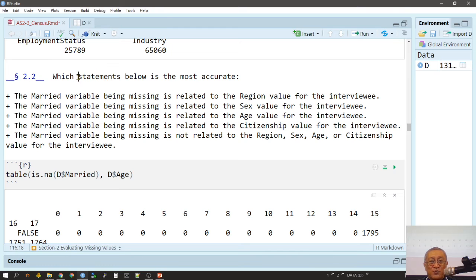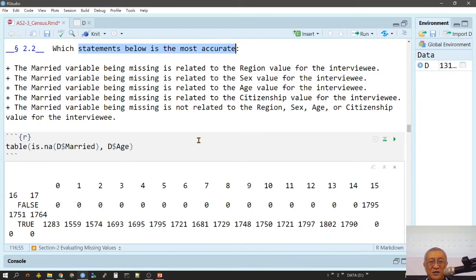Which of the statements below is the most accurate? The point of this set of questions is asking which variable has the strongest relationship with the missing value in marriage.